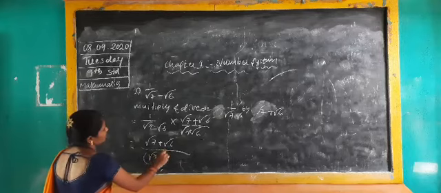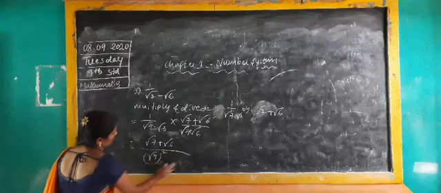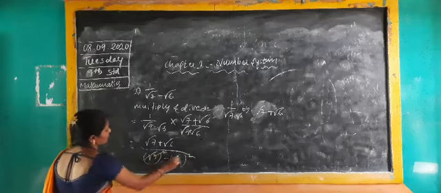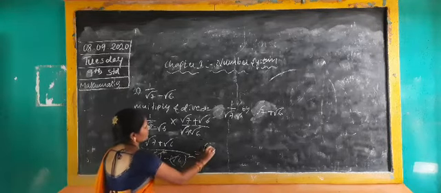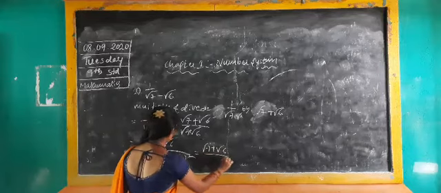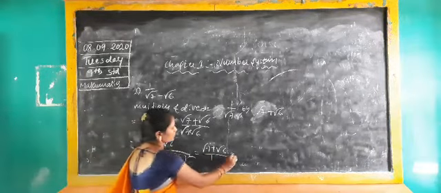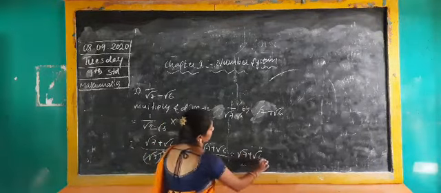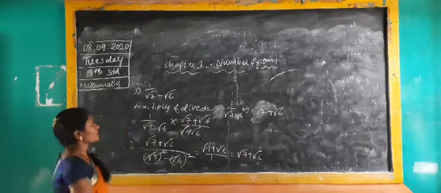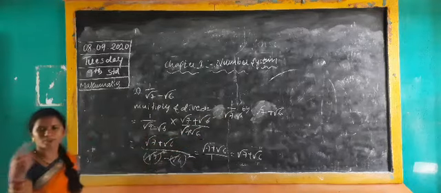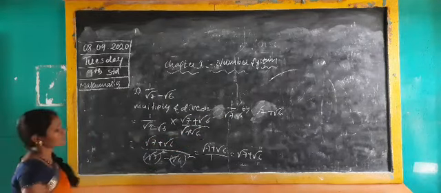That's why root 7 whole square minus root 6 whole square. You will get square root square cancelled. Means root 7 plus root 6 divided by 7 minus 6, how much? 1. It is the value root 7 plus root 6. Here, if the denominator has minus, the numerator will be plus and the denominator will be plus, the same numbers you should take.